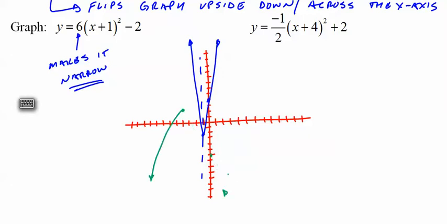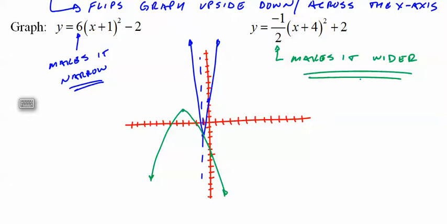Alright, so this makes it wider. And you can see from the example we did how that works. The negative flipped it upside down so that it opens down. The blue one opens up.